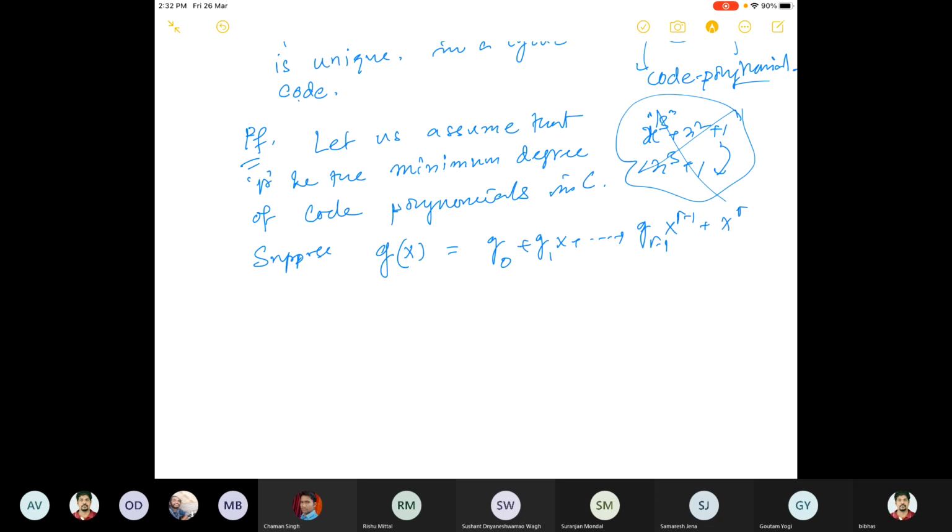Now see here, I'm not writing g_{r-2}, because if g_{r-2} is written, then it has to be 1.